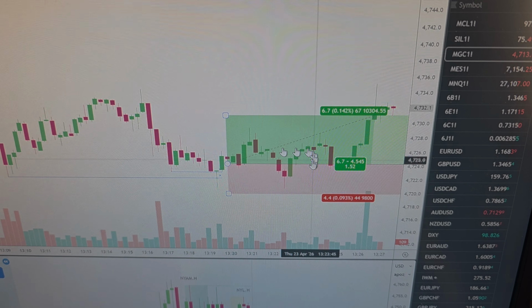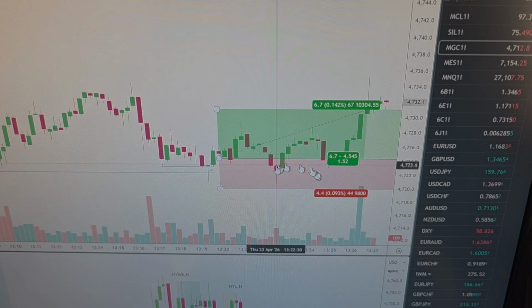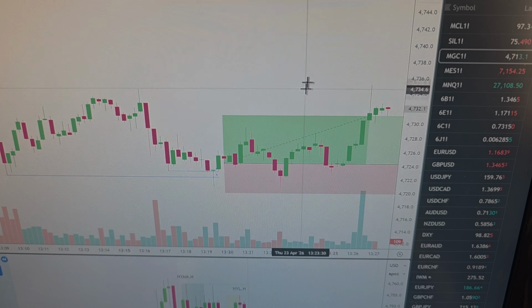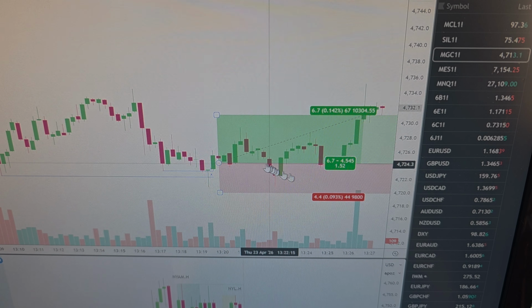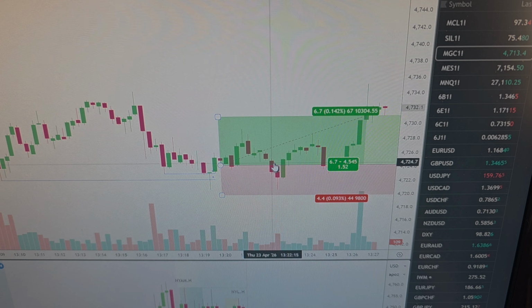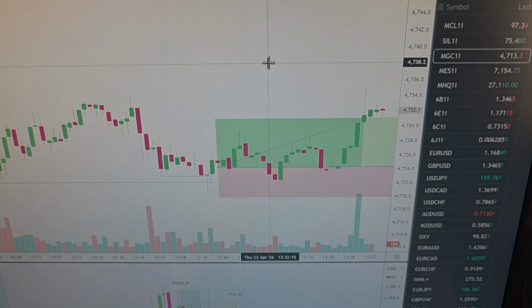The 1.5 risk reward is a nice compromise between the 1 to 1 and the 2 to 1.